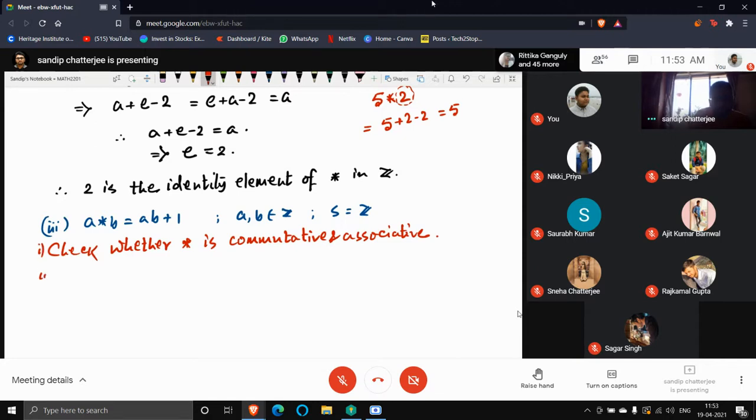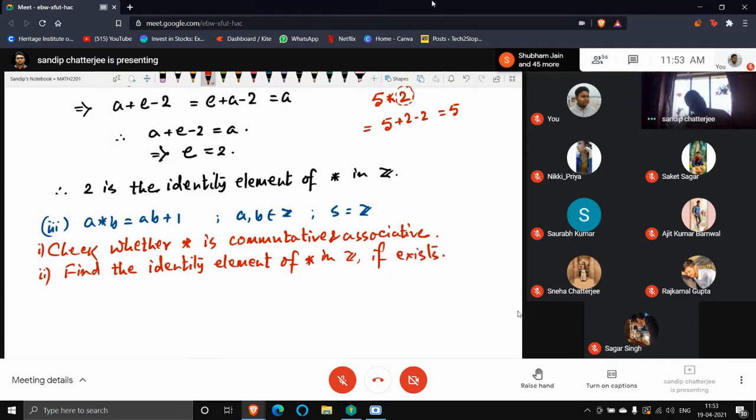And number 2, find the identity element of star in Z if it exists. Can you solve this problem? Yes, sir. This is a pretty simple problem.